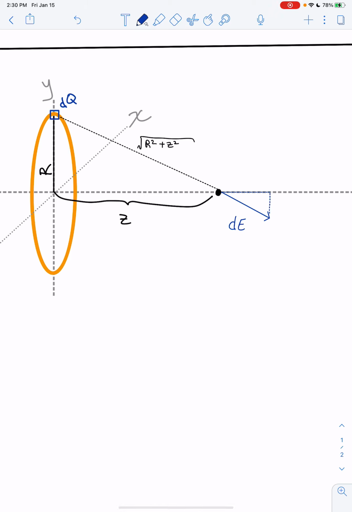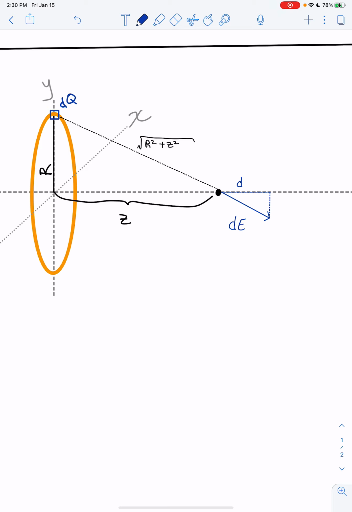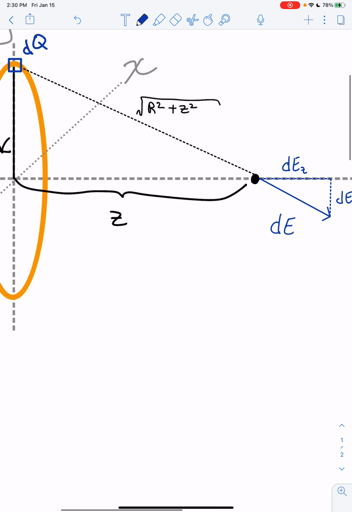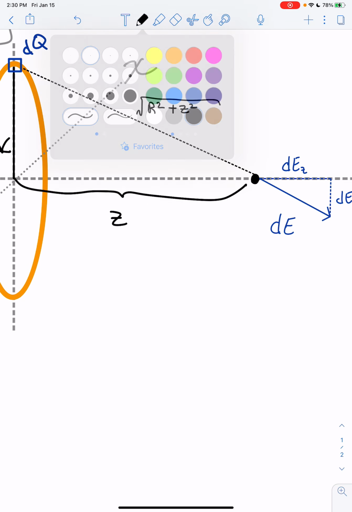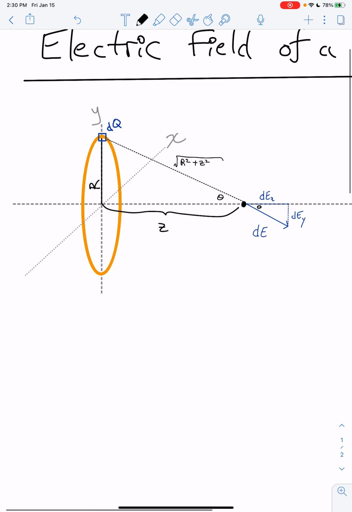We're going to draw dotted lines where we'll have some components, and then we're going to note this as some sort of dE in the Z direction and a dE in our Y direction. Okay, and this angle here is going to be the same in both. So we're going to have a theta here, and we're going to have a theta there. It's the same angle. So if we define it for one, we've got the other.